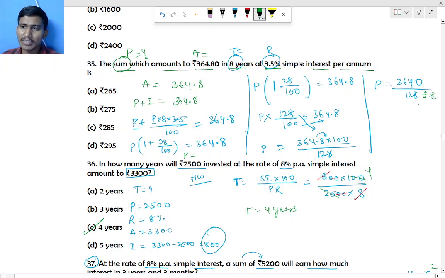Yes, it will come in the 8 table. Divide it. 8 ones are 8, 8 sixes are 48. Here you divide by 8. 8 fours are 32, 4 will be remaining, 44. 8 fives are 40, 4 remaining. Now you divide with 16. If you divide with 16, you will get the answer.